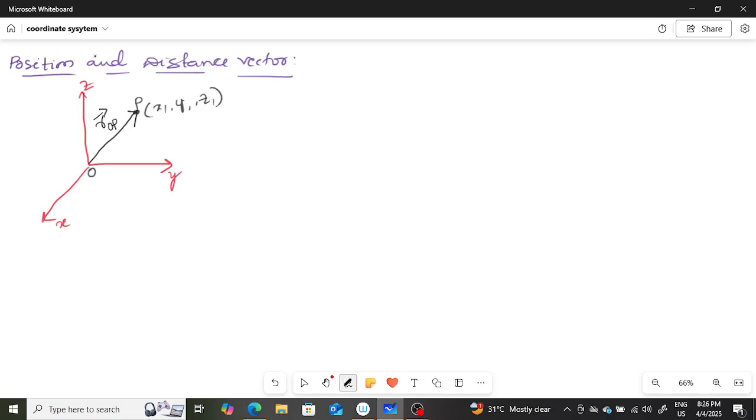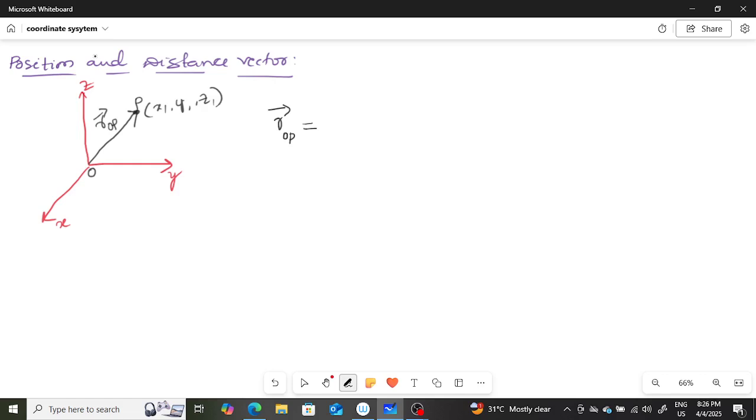So what is the vector? r, this is the vector symbol, and the direction is OP. How will you write the vector? As I said, any vector has three components. So this r OP also has three components: x1 along the x direction, y1 along the y direction, z1 along the z direction.